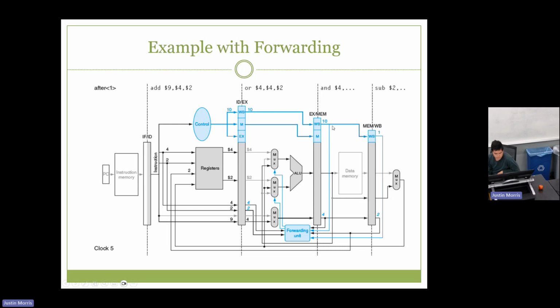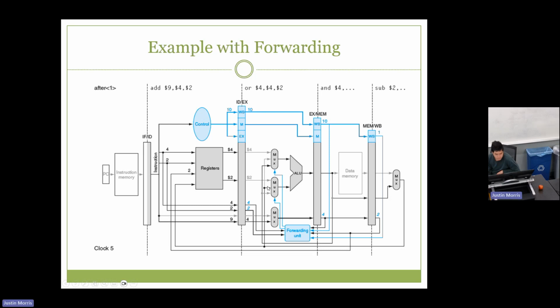Let's just look at the AND first, right? So just like before, register 4 is my destination. And over here, register 4 is my RS. And this instruction is indeed writing the register file, right? So the forwarding unit says, for RS, use this new updated value, not what you read from the register file. And then over here, the sub is writing, its destination is register 2, RT is register 2.